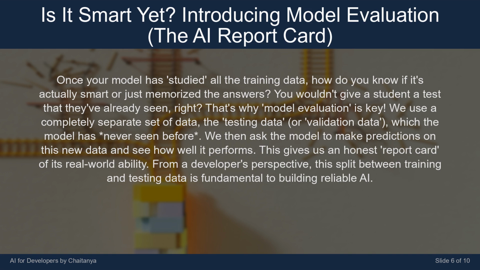We then ask the model to make predictions on this new data and see how well it performs. This gives us an honest report card of its real-world ability. From a developer's perspective, this split between training and testing data is fundamental to building reliable AI.